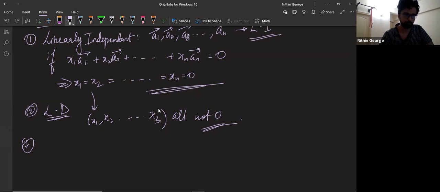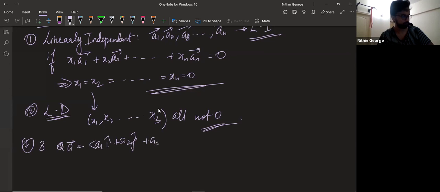Okay. So the 7th point, three vectors are given such that A is given by A1 i cap, A2 j cap, A3 k cap. Similarly, there will be a B and C. They will be linearly dependent.